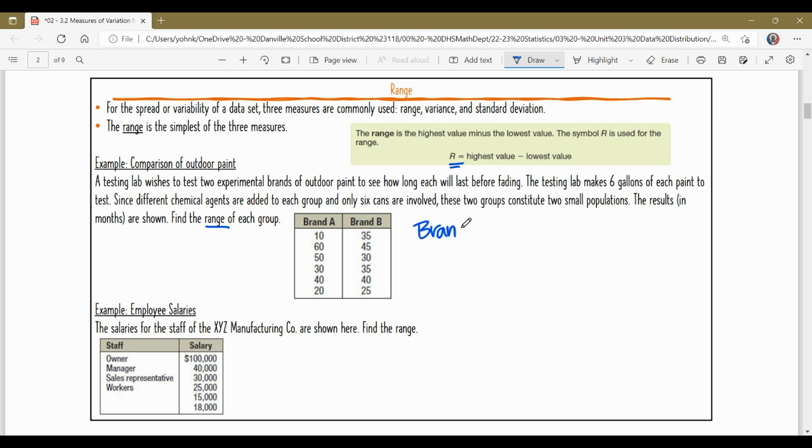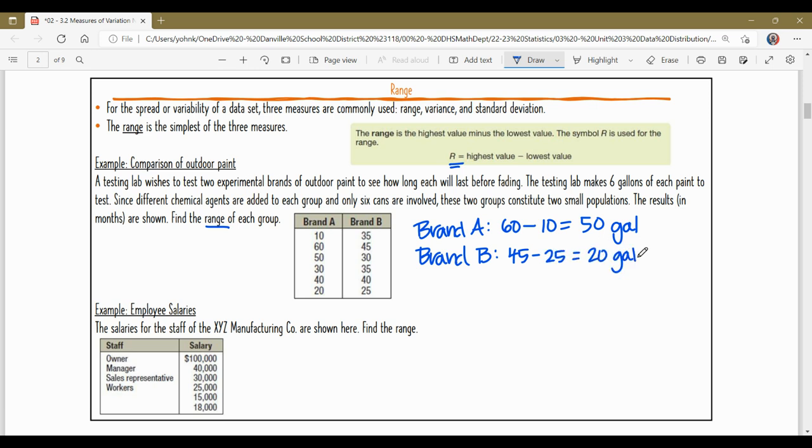For brand A, our range is the biggest, which is 60, minus the smallest, which is 10, and that gives us 50 gallons. For brand B, I take the highest, which is 45, and subtract the lowest, which is 25. I get a range of 20 gallons.